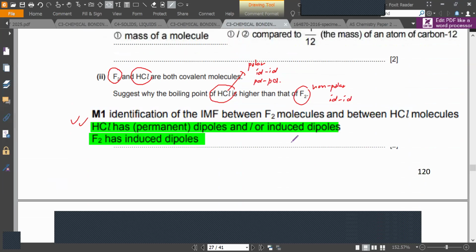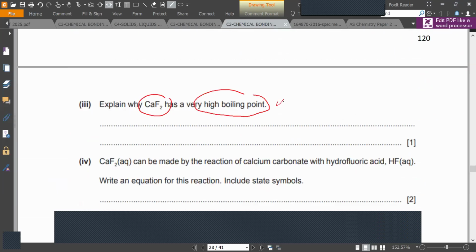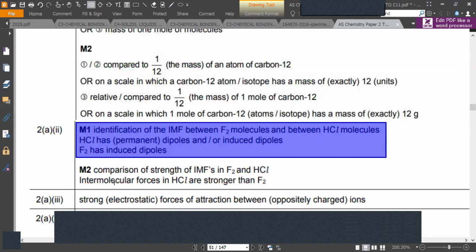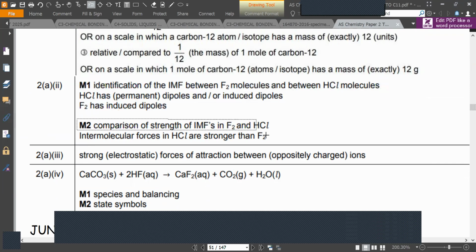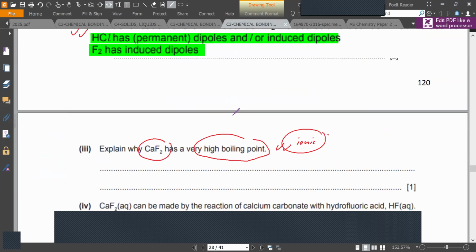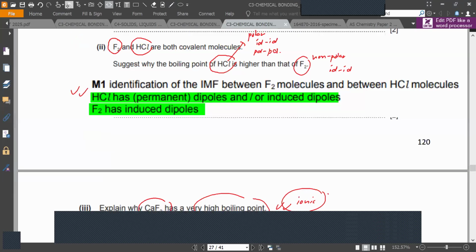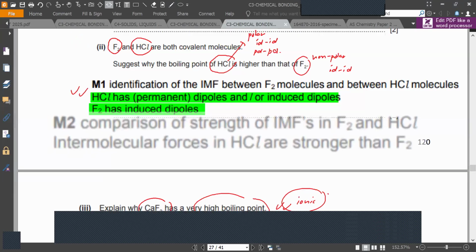We know why, because it is an ionic compound. Ionic compound has a very high boiling point. Oh, sorry, just now I missed out this point. For the previous one, we need to add another point.